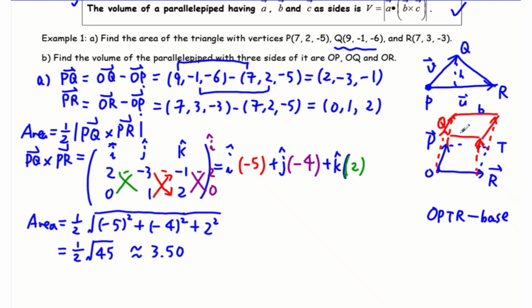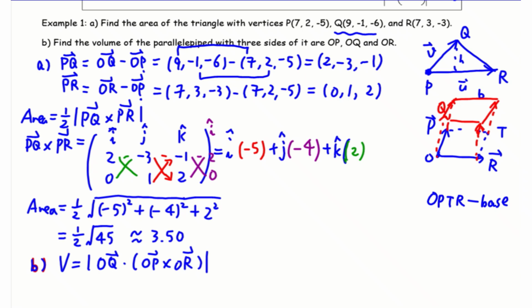So what we are going to do is, for question B, the volume equals OQ dot product with the other two cross product.